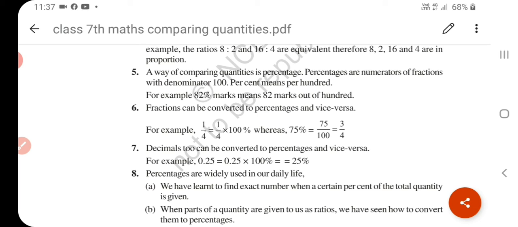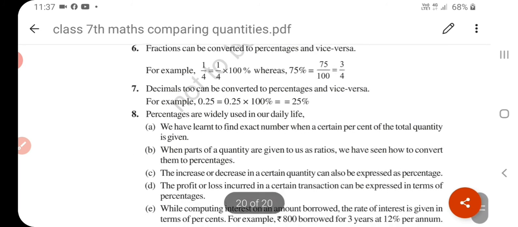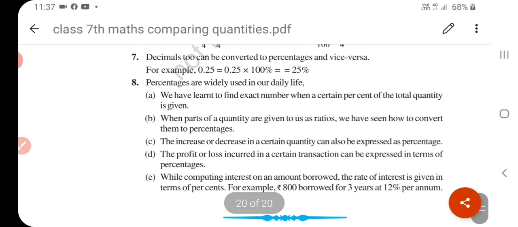Okay, understand? Percentages are widely used in our daily life. We have learned to find the exact number when a certain percent of the total quantity is given. Okay, when parts of a quantity are given to us as a ratio, we have seen how to convert them to percentage. Okay, understand?